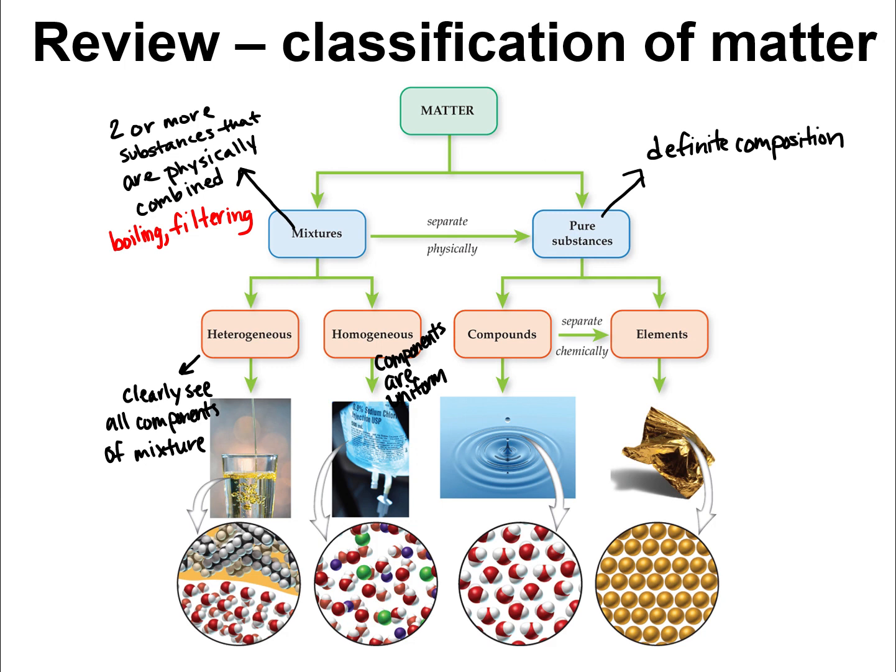With a pure substance, we're saying, no, this is defined. A pure substance means I have a certain amount of X, a certain amount of Y. With a compound, we have two or more elements, and they're combined in a ratio that always stays the same.